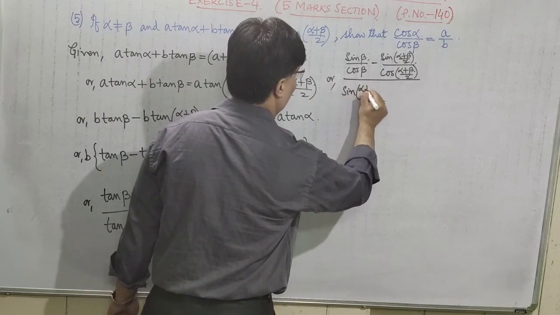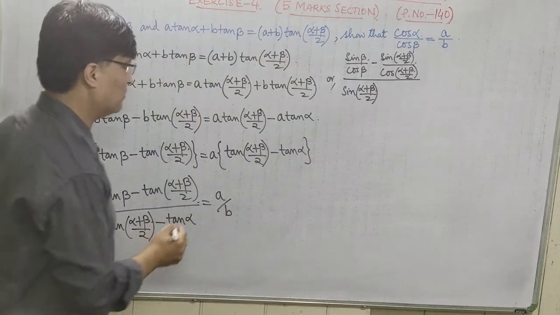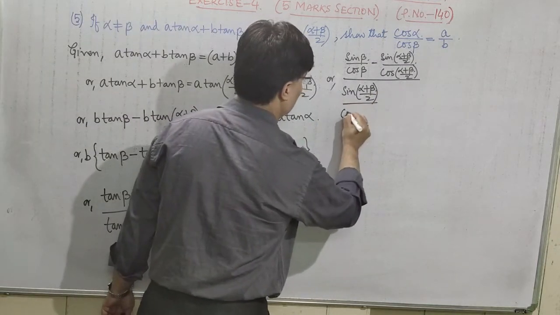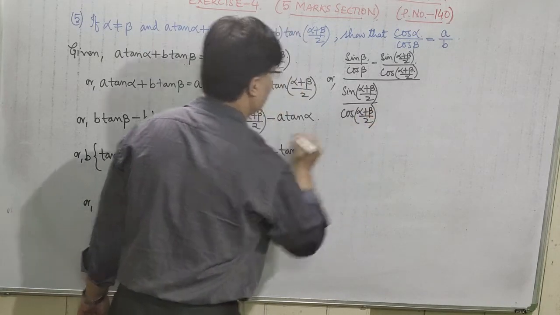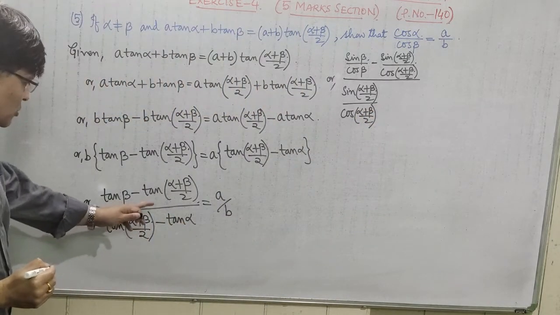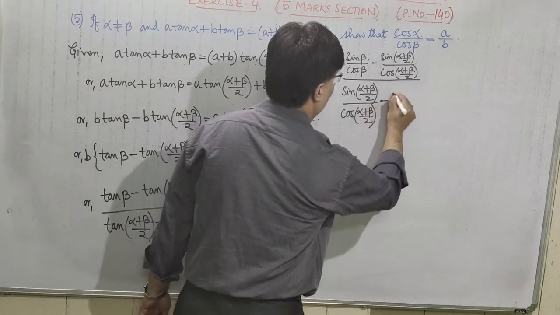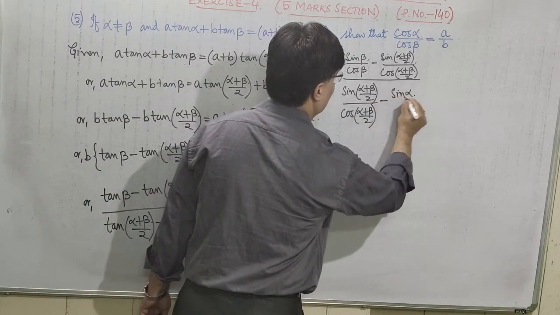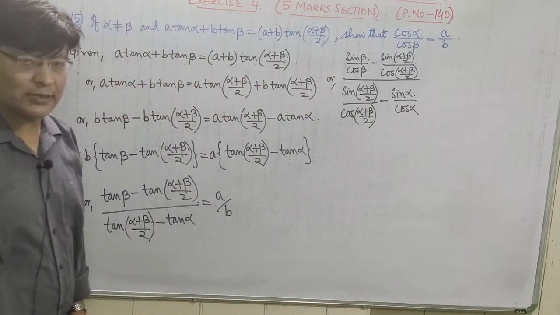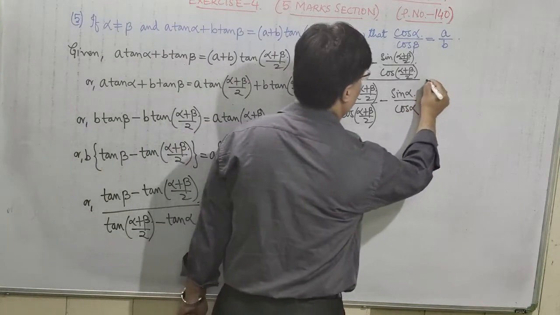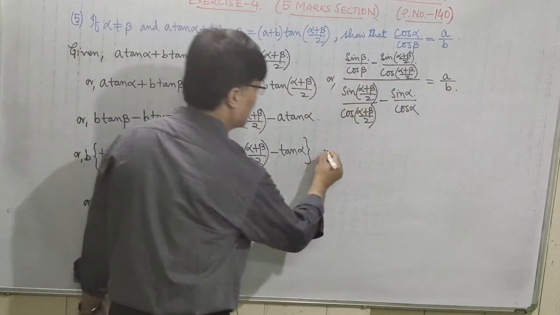Sin of (alpha plus beta)/2 divided by cos of (alpha plus beta)/2, right? Then minus, what is tan alpha? It is sin alpha by cos alpha. Is that clear? So this is equal to A by B.